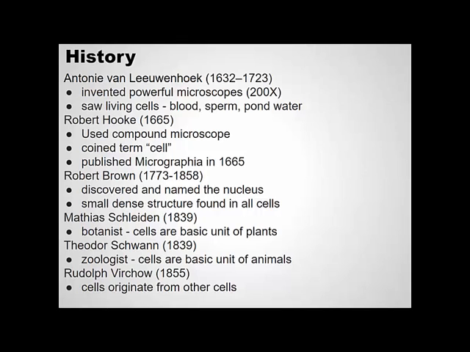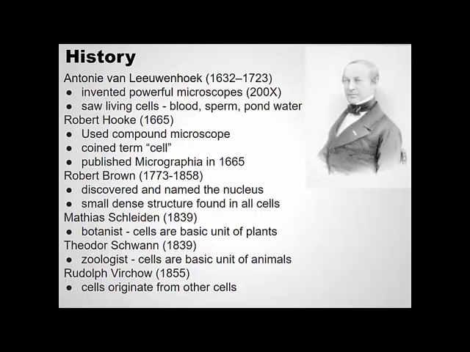Theodor Schwann did the same sort of thing. He looked at all different types of animal specimens under the microscope, and again, saw that all of these animal specimens were also made of these cells. And then finally, Rudolf Virchow in the middle of the 1800s postulated the idea that cells actually come from other cells.